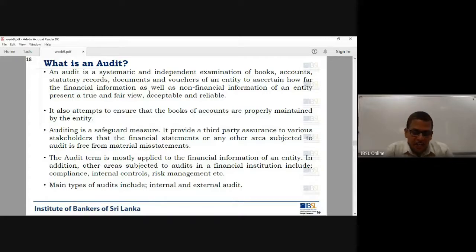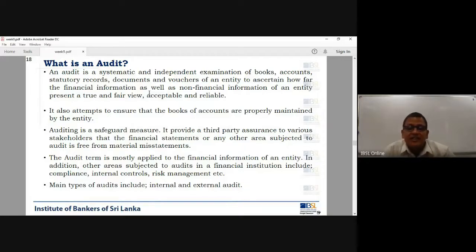For a bank, it may be the shareholders, depositors, lenders, or regulators. To various stakeholders, it provides the third-party or independent assurance.